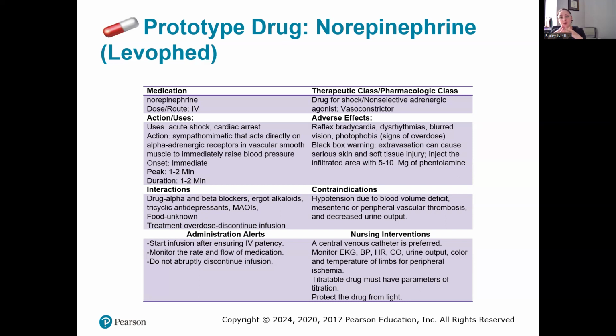Sometimes we constrict them so much we cut off blood flow. That is what they mean by peripheral ischemia. That's why you can't use it if you already have a mesenteric or peripheral vascular thrombosis, a DVT, which is a deep vein thrombosis, or an arterial thrombosis, because we're already going to vasoconstrict and cut off the blood flow to the distal parts.